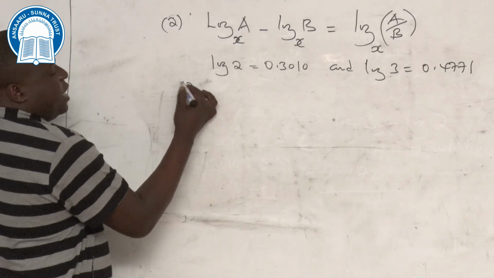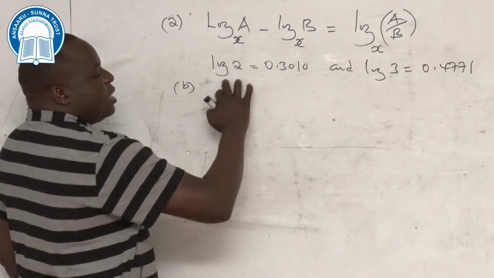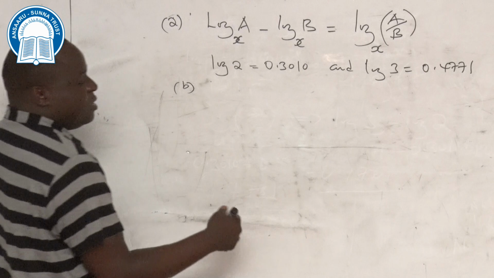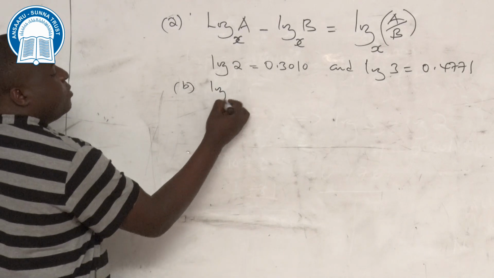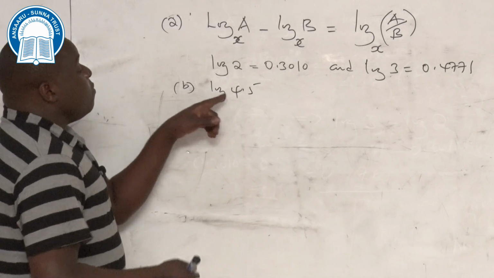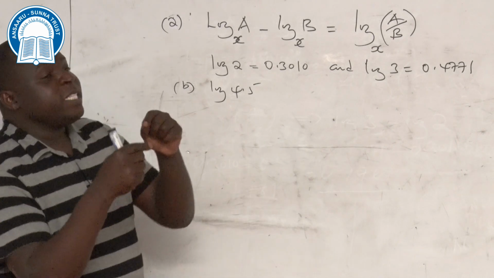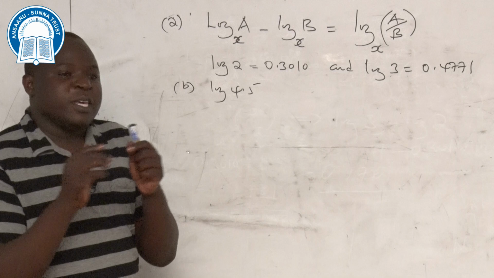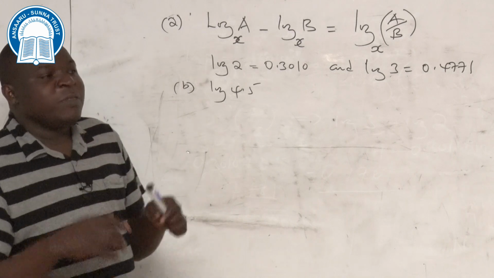So the second one, B, example, same question. Given that log 2 equals this, log 3 equals this, find the value of log 4.5. Think about 4.5. If there is a 0.5, then it means maybe there is dividing something by 2.